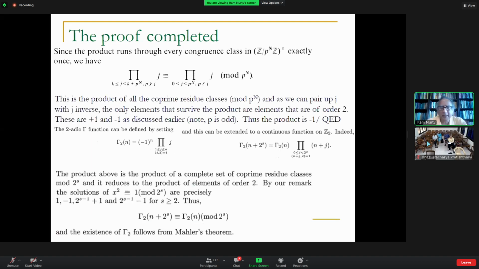When we do that, the product above is a product over a complete set of coprime residue classes mod 2^s, and it again reduces to the product of elements of order 2. And you will recall when we discussed Hensel's lemma in the context mod 2, the solutions of x squared equals 1 mod 2^s are 4 in number: 1 and minus 1, and 2^(s-1) plus 1 and 2^(s-1) minus 1. And therefore, when you look at those and work it out, it turns out this congruence holds.